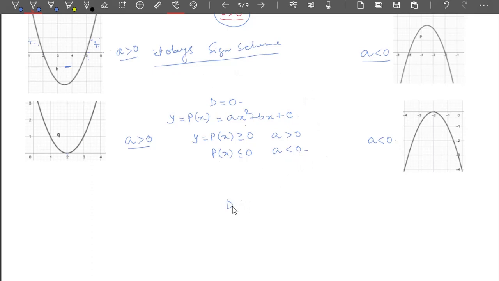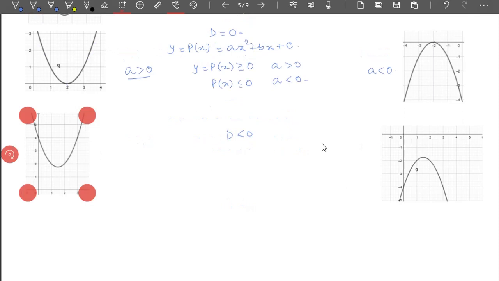And what about the case when D is less than 0? जब D लेस देन 0 होता है, ये आपका x एक्सिस है, this is your x axis. p(x) का कोई जीरो नहीं, तो ये x एक्सिस को कभी कट या टच नहीं करेगा. सिमिलरली यहां पर भी, लेकिन दो केस, दिस इज द केस ऑफ a लेस देन 0 एंड दिस इज द केस ऑफ a ग्रेटर देन 0.